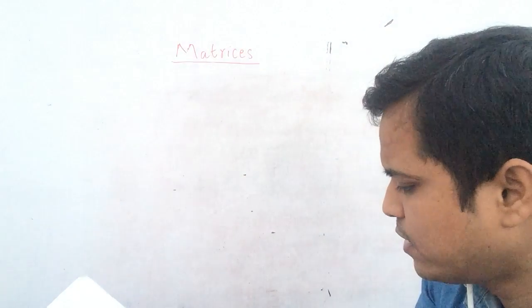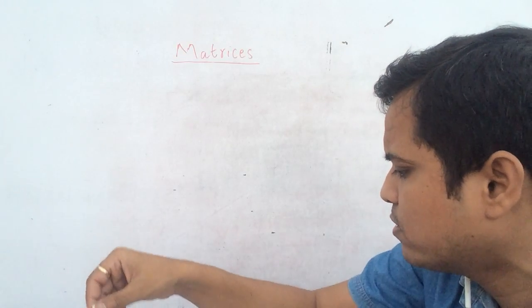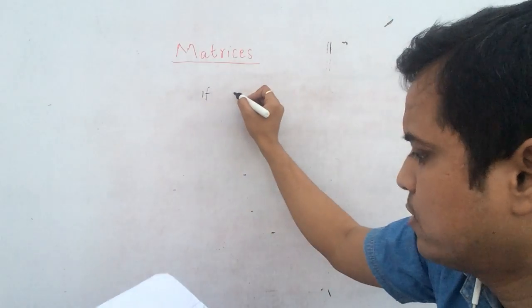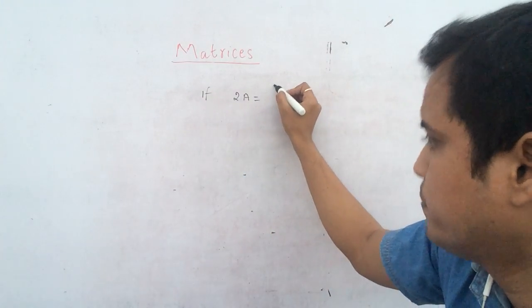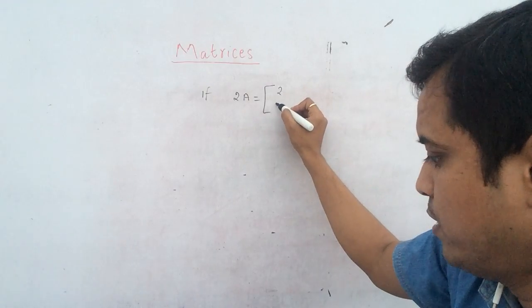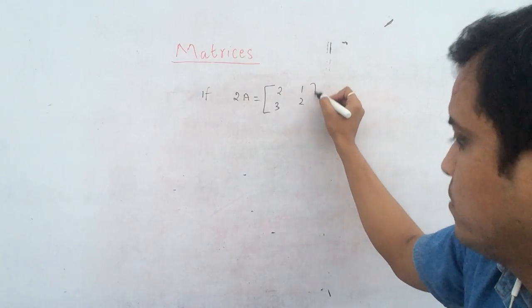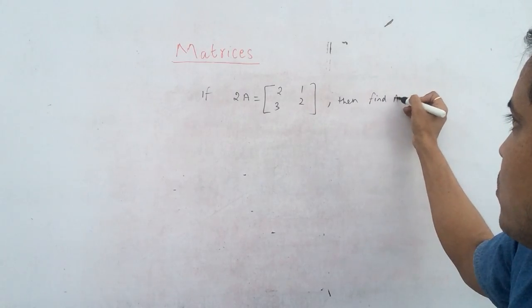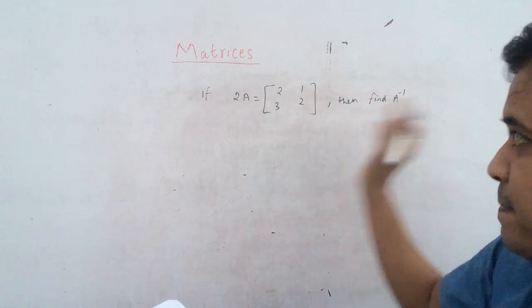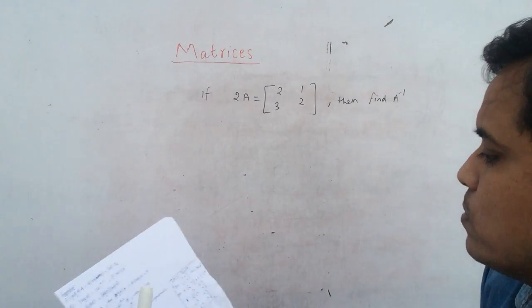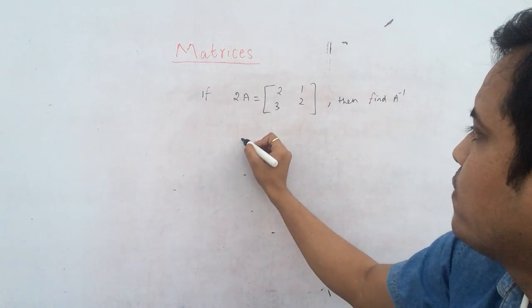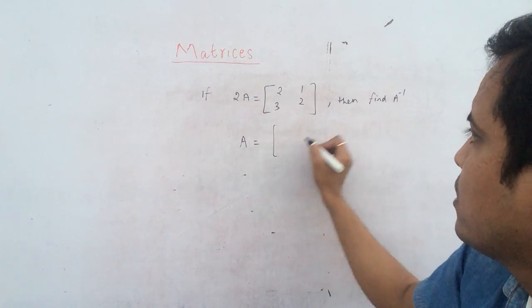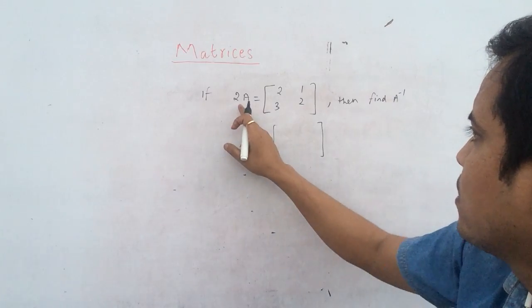Now let's take an example and solve. Here, if 2A equals the matrix 2 3 1 2, then find A inverse. So here is the question. Now what do you have to do? First you have to find what A is.